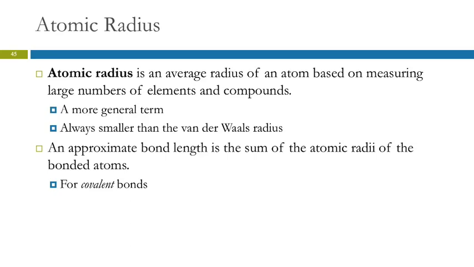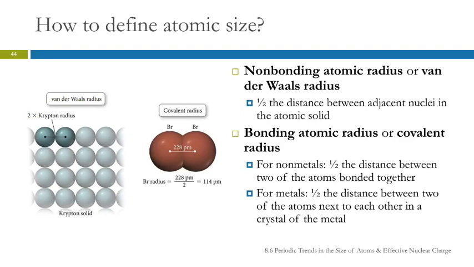This is always going to be smaller than the van der Waals, because it does include some of the ones that are covalently bonded. And you see this in the way the picture is shown here. Here we have 2 complete circles, and here they're kind of smushed together. The covalent bond does pull them in and sort of squish the atoms together, and so the radius there is going to be smaller.